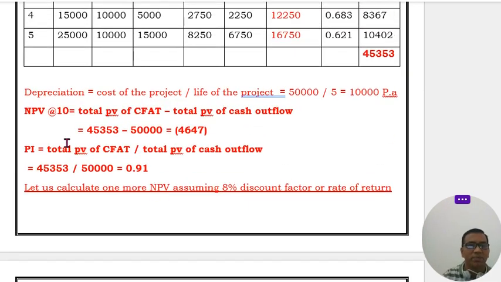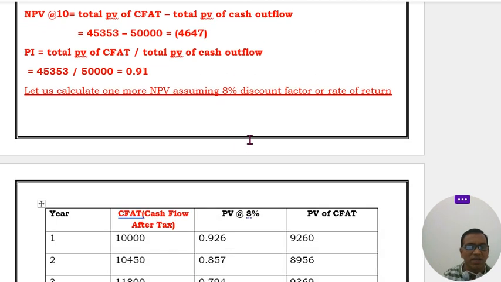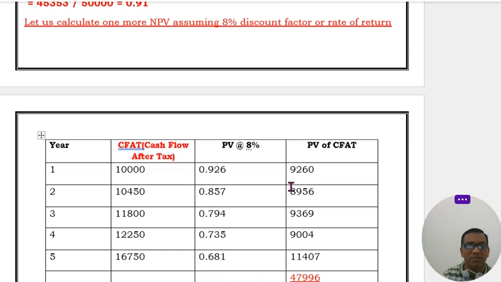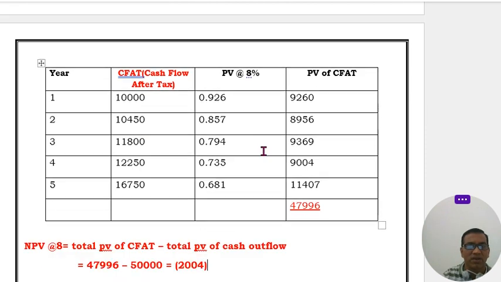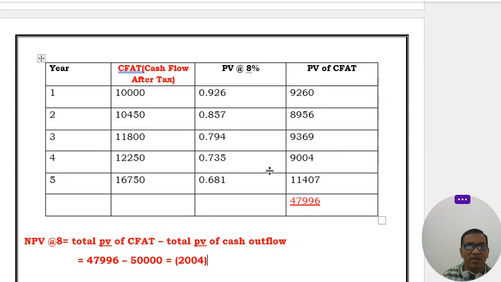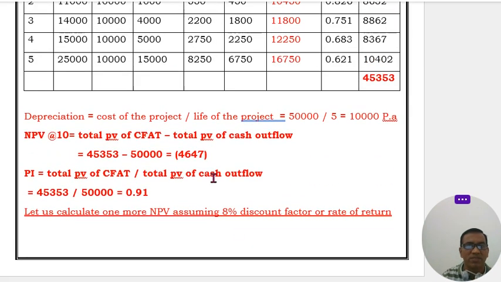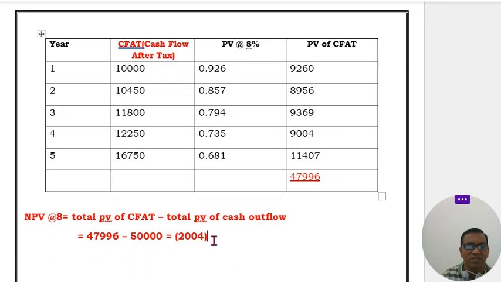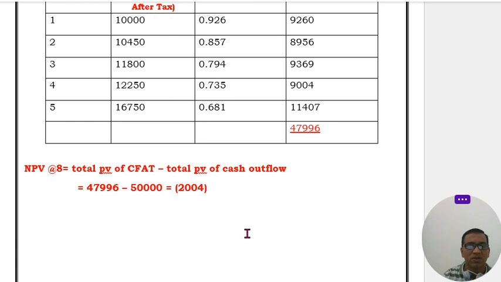So I calculated NPV at the rate of 10%. I got minus 4,647. Then I tried another NPV at 8%. Again I got minus only, but here minus 4,647, here minus 2,004, a little reduced. So it is a trial and error method, but we can use the interpolation formula.